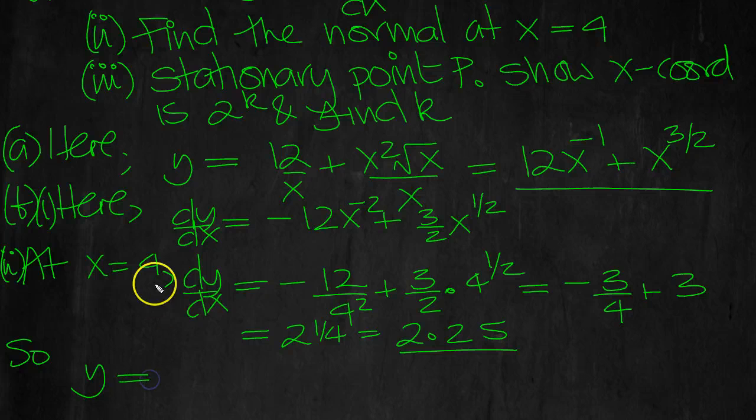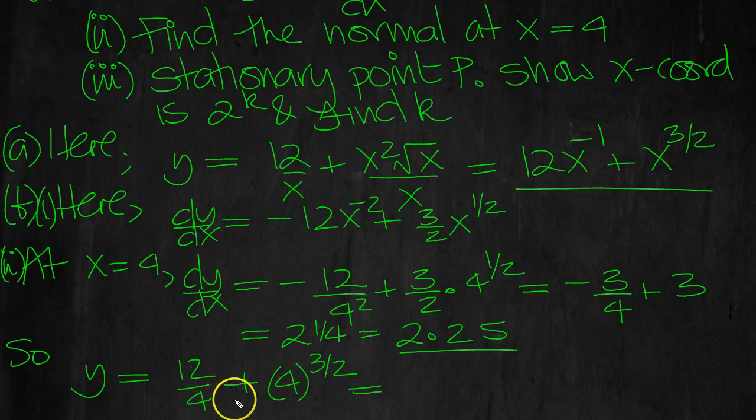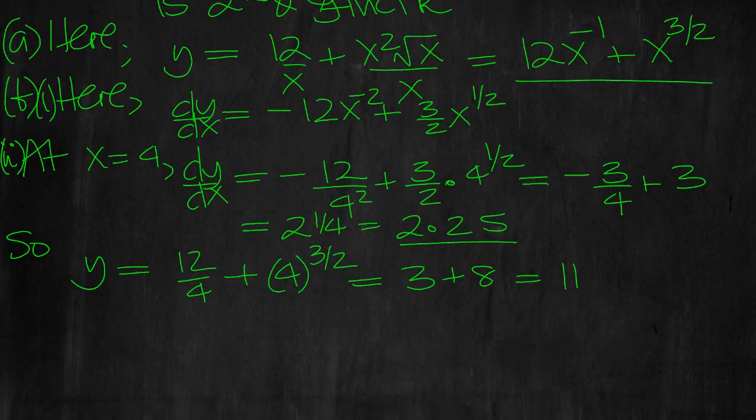So y equals, at x equals 4, put it in here. 12 over 4 is 3, isn't it? Plus x to the 3 over 2, that'd be 4 to the 3 over 2. 4 square rooted is 2, and 2 cubed is 8. So that's 11.